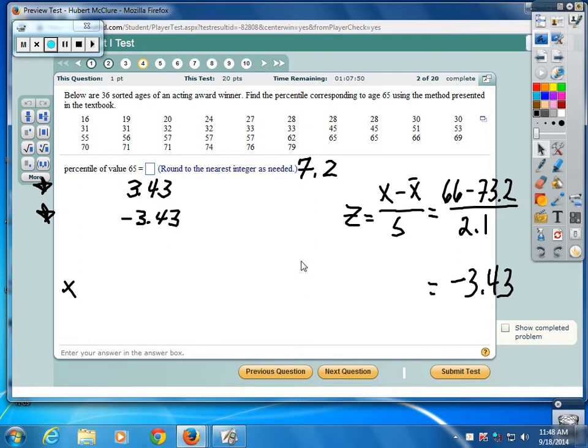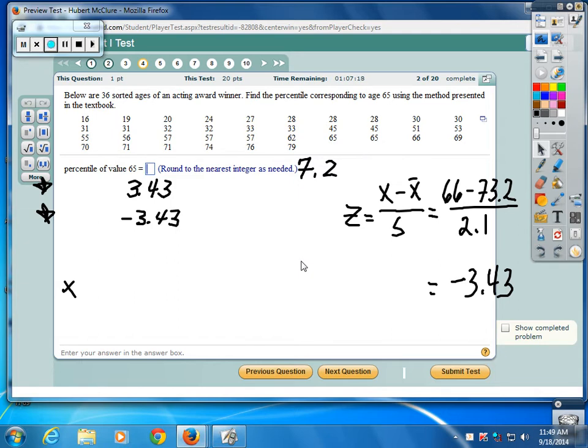That's the formula I gave you before the L equals Kn over 100. It's the one before that: the number of values less than x divided by the total number of values times 100. You see it in your notes?